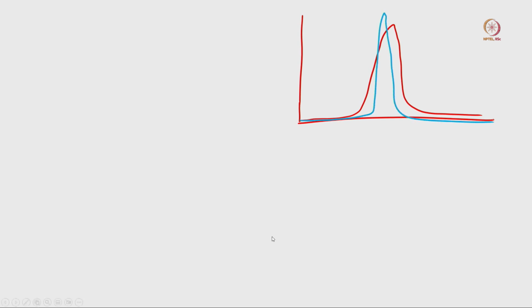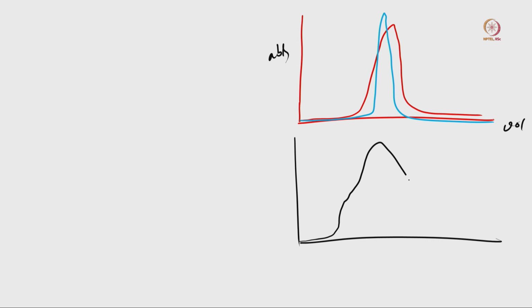So there are two different profiles coming at the same position. I will take a separate one, always remember that this is the absorbance and this will be the volume. So this is another profile where we are getting a very large profile.